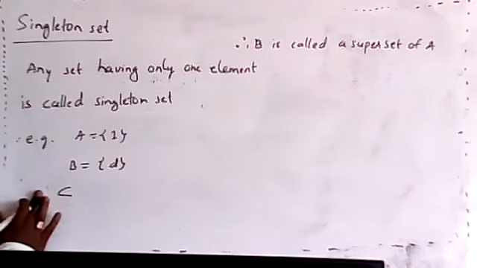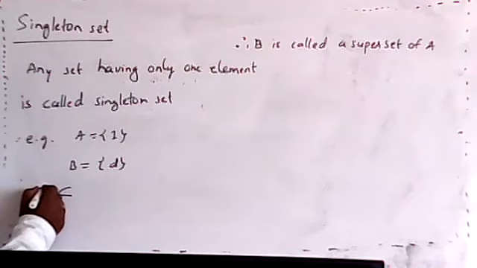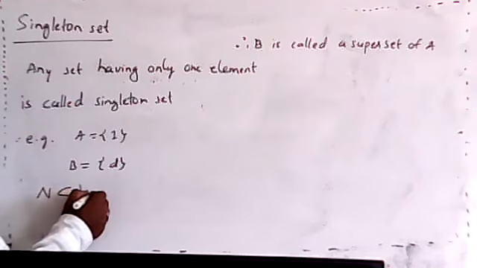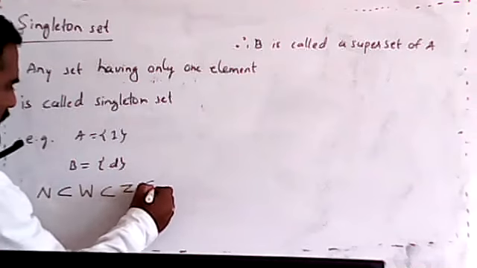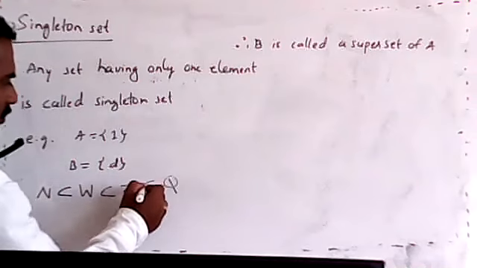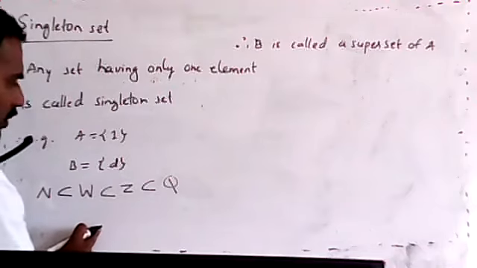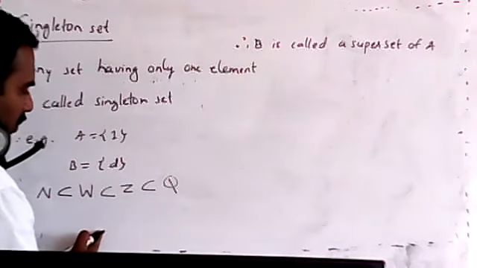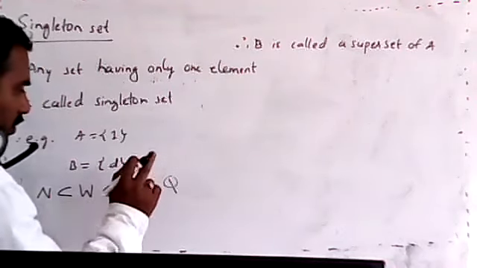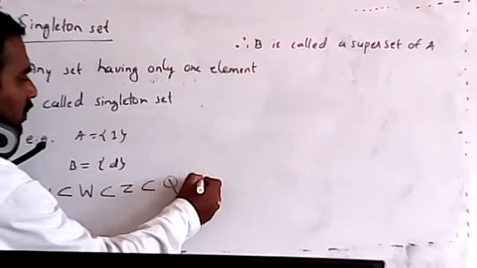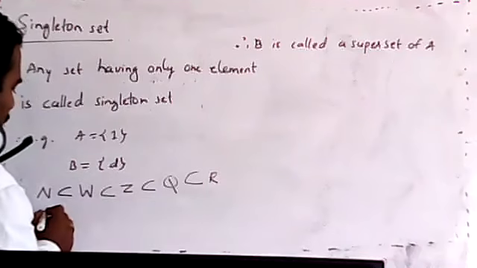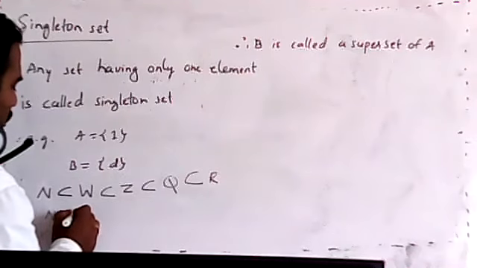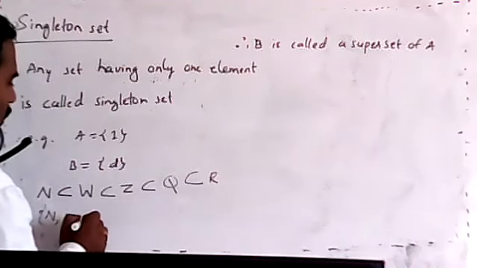Natural numbers are a subset of whole numbers, whole numbers are a subset of integers, integers are a subset of rational numbers, and irrational numbers are something different. These all are present in the real number set.